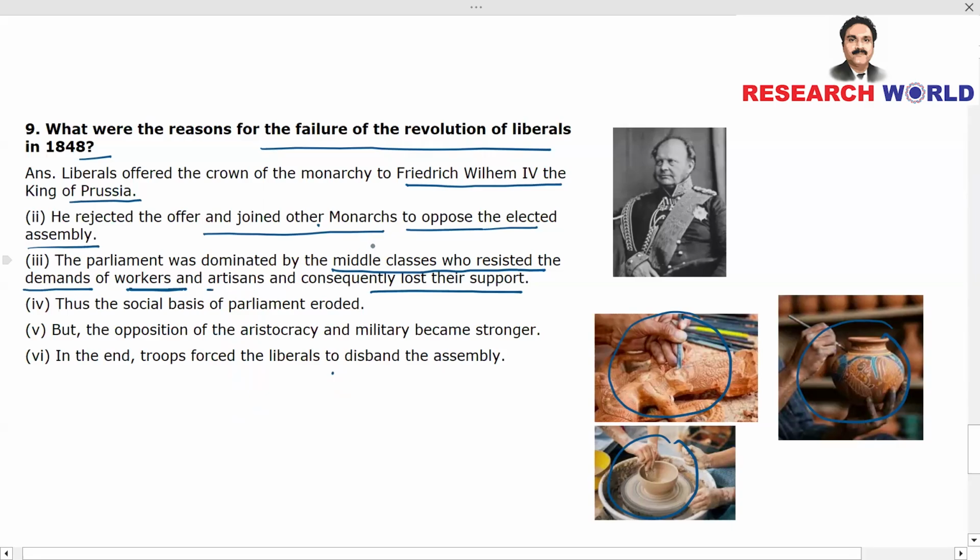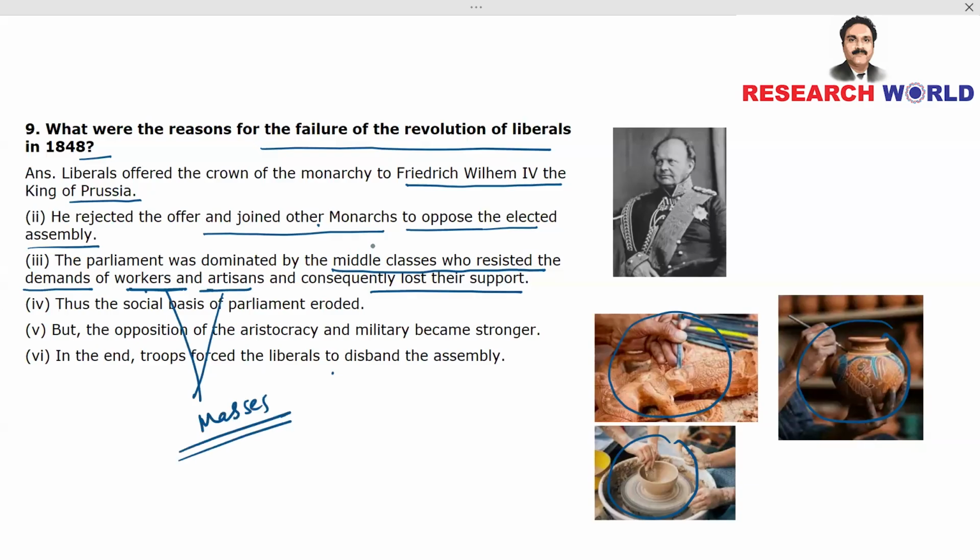So even though the revolution of middle classes led to coming to power and forming a parliament, the problem was that they couldn't sustain and move forward just because they lost their support from workers and artisans who form what are called masses. So the mass base of the movement was lost.